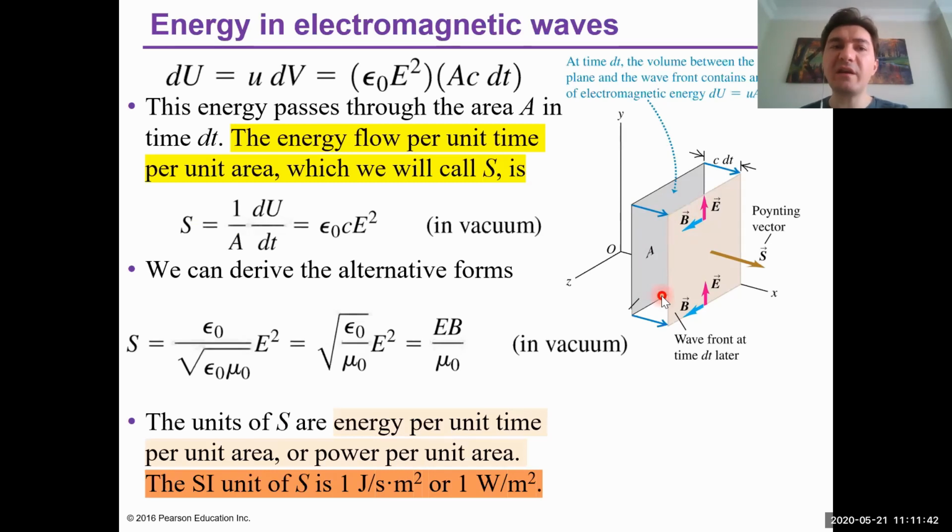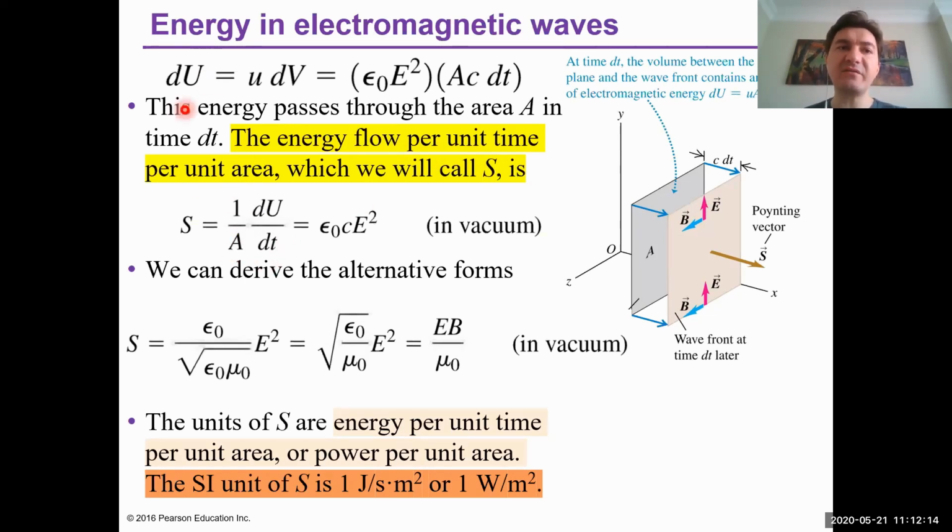But we need energy flow per unit time per unit area. Energy flow per unit time per unit area. So we will call this one S, capital S. This is the energy that passes through the area A in time dt, dU, and this is S, energy flow per unit time per unit area.